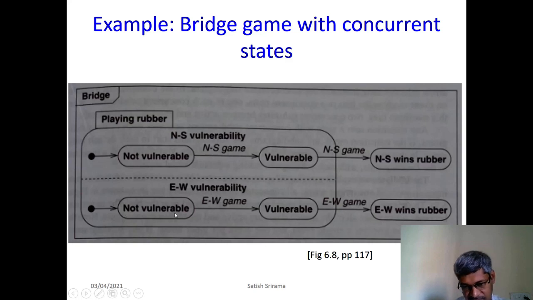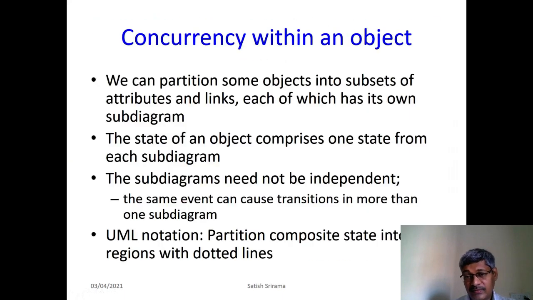After the start it is in this particular state. Alternatively it can be in the reverse state as well: North-South is not vulnerable and East-West is vulnerable. So that's about the concurrent states within an object.